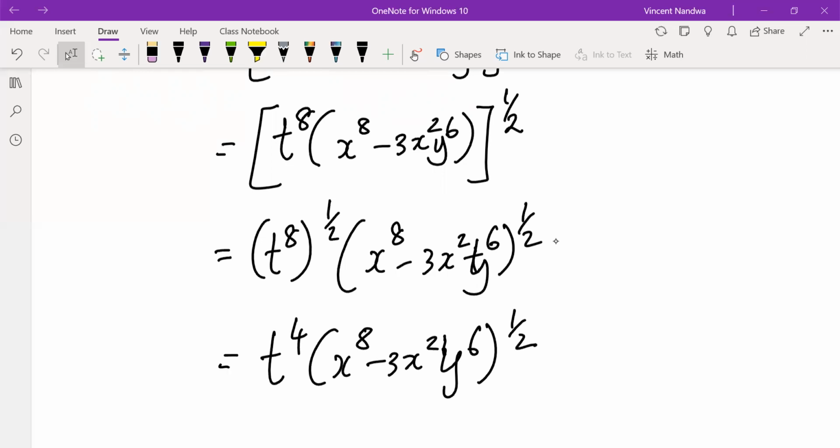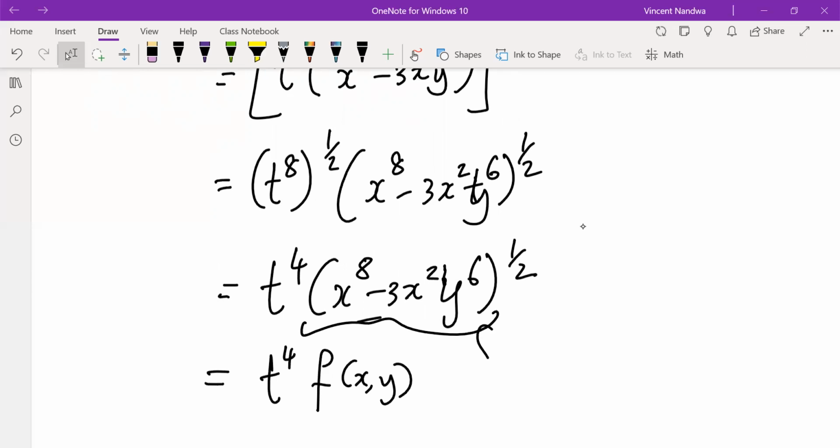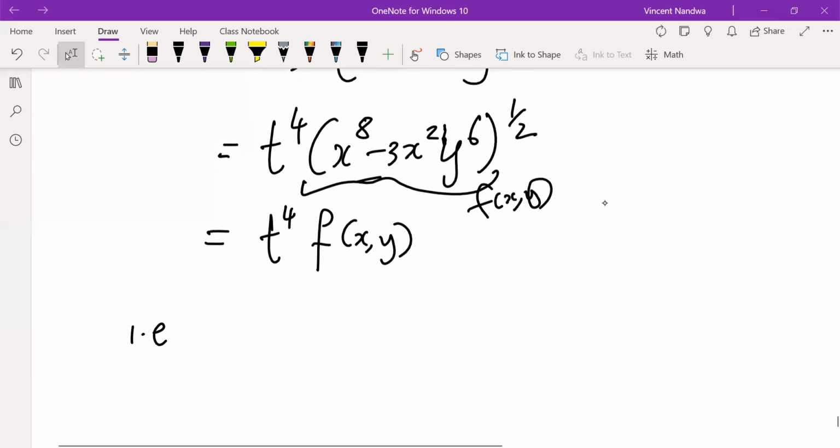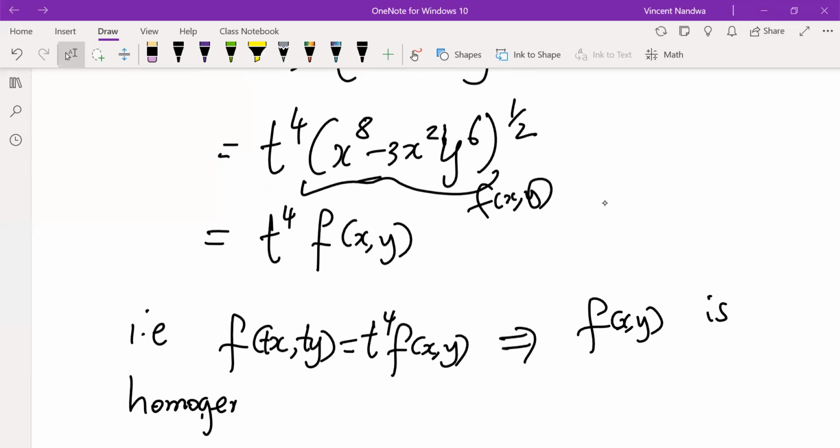And this is the definition of the f of xy, which is t power 4 f of xy. So that f of tx, ty is t power 4 of f of xy, which implies f of xy is homogeneous of degree 4.